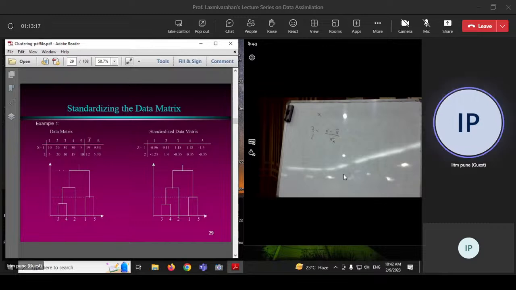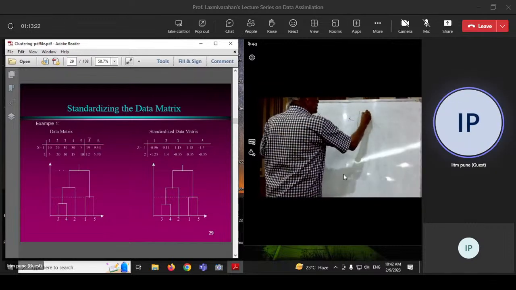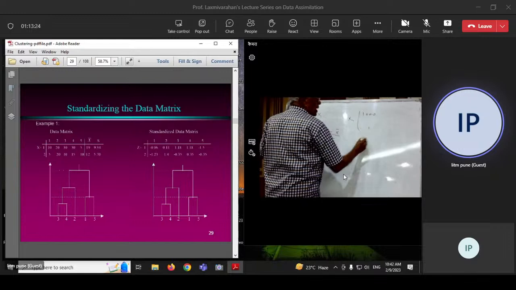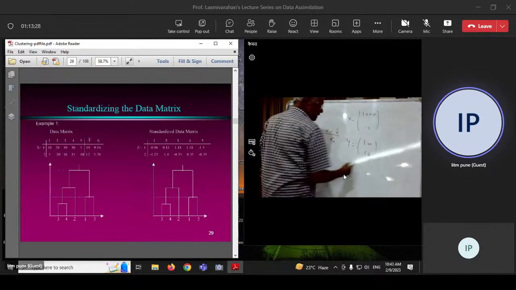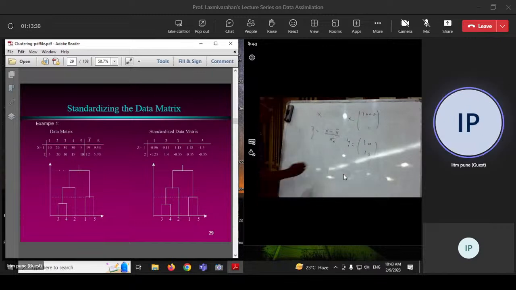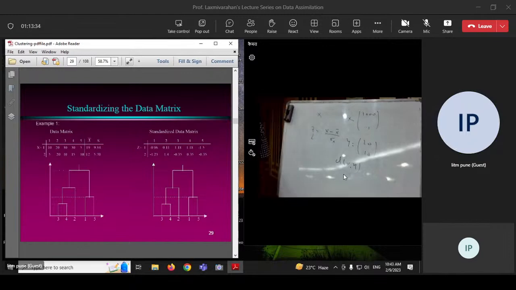Now I want you to think about the following. If I have a vector X, where the first component is 1000, second component is 0.1, and vector Y, this is 20, this is 10, and I'm going to compute the distance between X and Y, what is this distance?